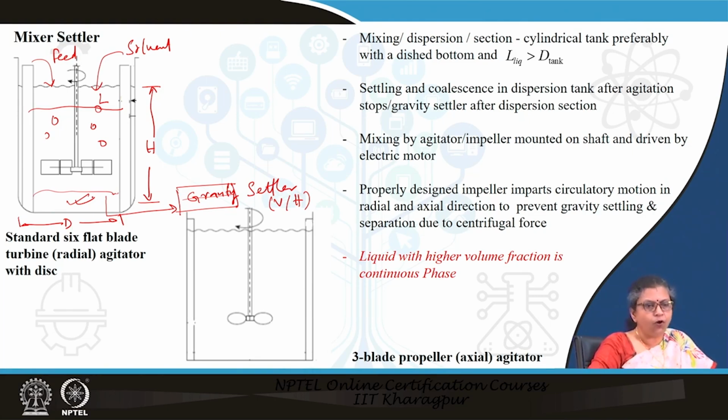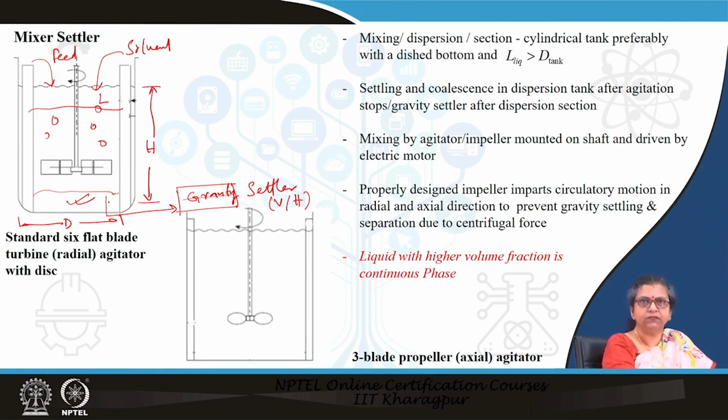Therefore, for the mixing phase, we need to design the total holding capacity, and for a proper mixer, the design of the agitator is very important. These two things we need to consider, and for the settling part, we need to consider the droplet size.